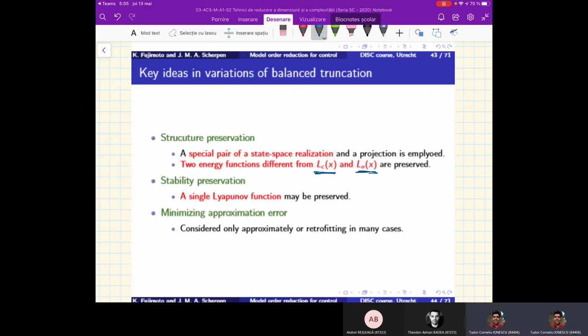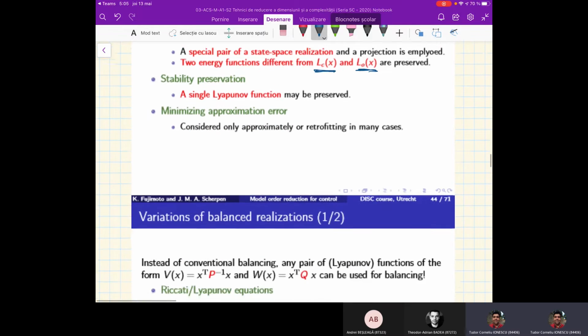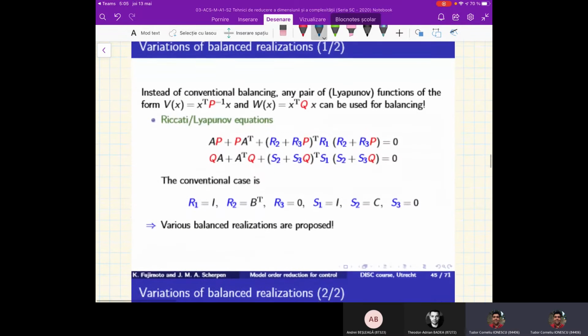Minimizing the approximation is considered only approximately. Variations of the balanced realization: instead of conventional balancing, any pair of Lyapunov functions, essentially, of the form x transpose P inverse x and x transpose Q x can be used for balancing.